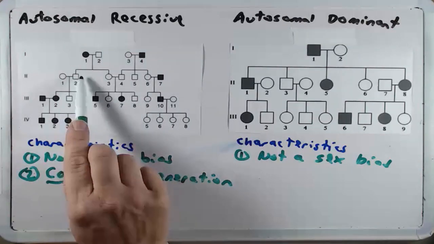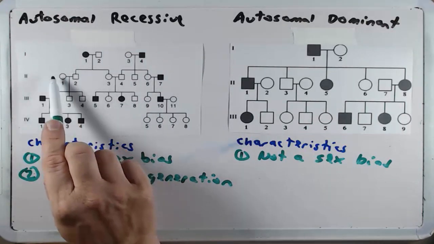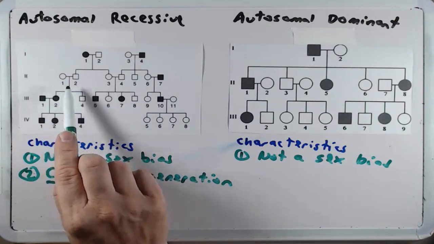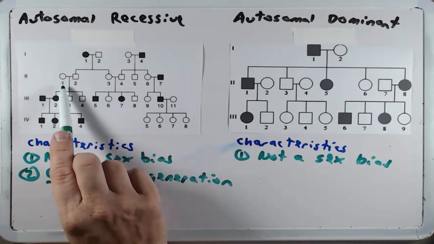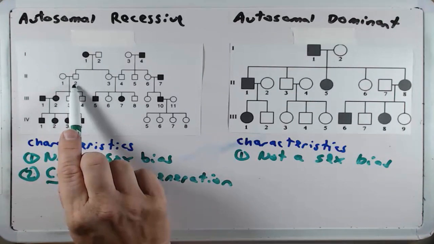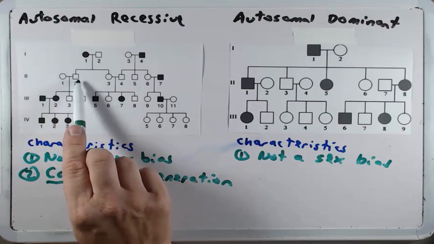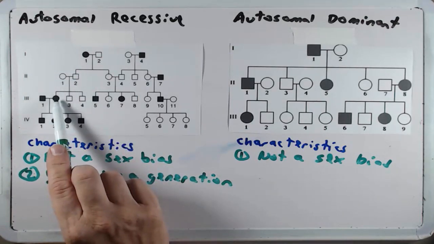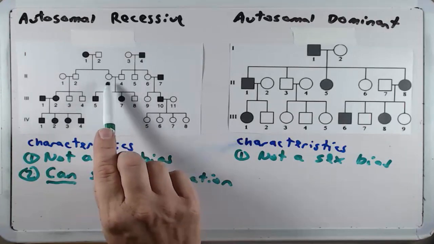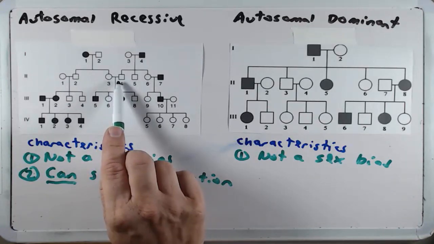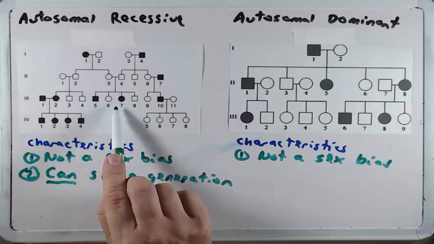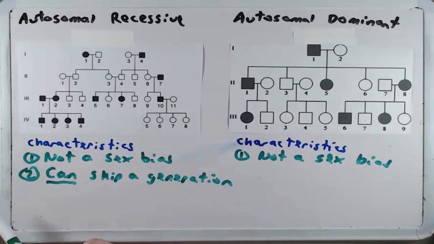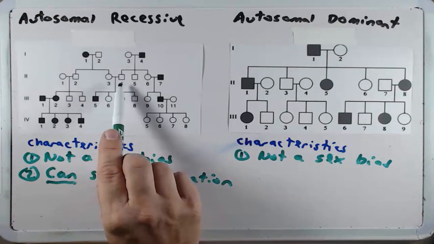We mean that you will have some members of that generation who don't have the trait, like you see here with generation 2, individual 2. They don't have the trait, but they pass it on to their kids, so it skipped that generation. Same thing here. These 2 individuals don't have the trait, but they passed it on to their kids. So it skipped that generation here.